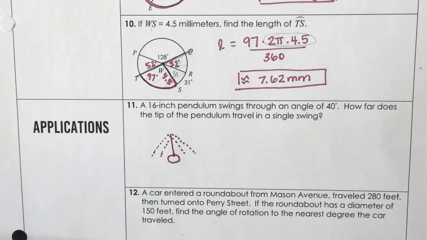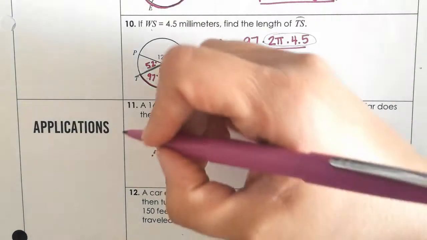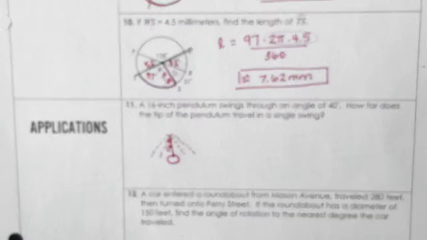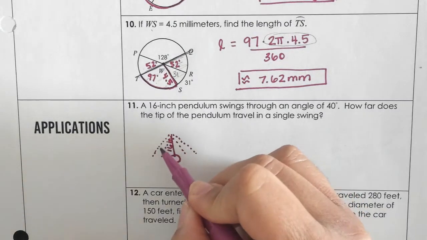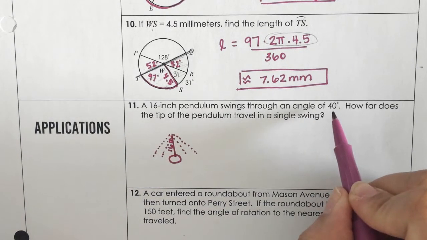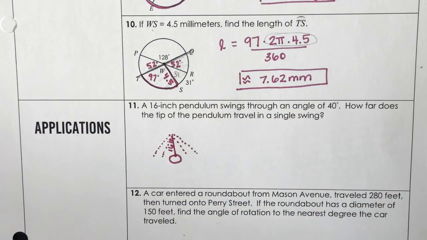The pendulum itself is 16 inches, and it swings through an angle of 40 degrees, so that's the major hint here, 40 degrees, arc measure.